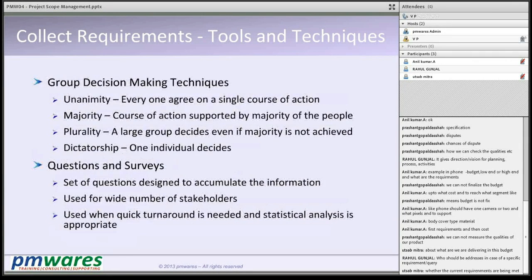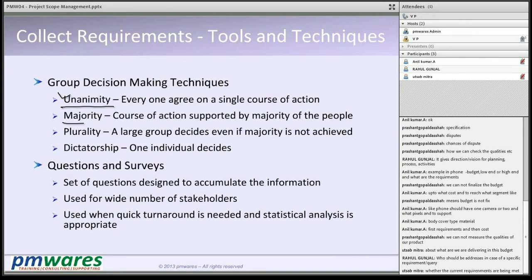Okay, the group decision techniques you might know already. Unanimity means all agree on one. This is the best type of decision making, but difficult to achieve. A lot of effort has to be put in to get unanimity. Majority means most of the people, democracy.